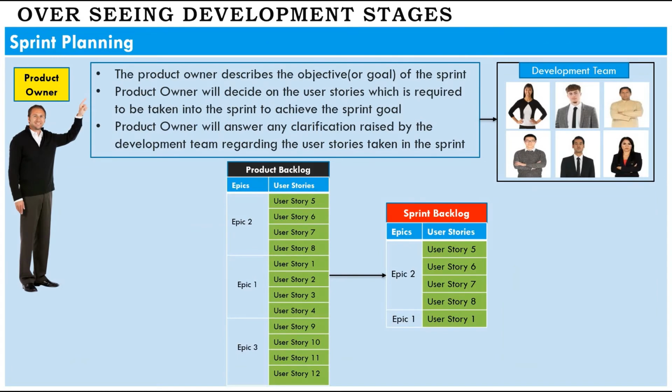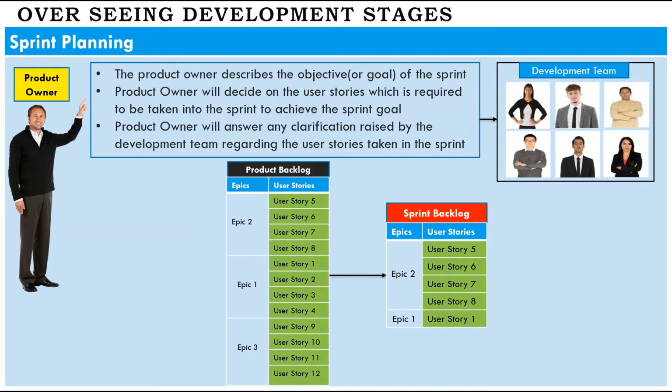Once the refinement is done, the next responsibility of the product owner is to help the development team to start the work through the sprint planning ceremony. Here, the product owner describes the objective or goal of the sprint. He will decide on the user stories which are required to be taken into the sprint to achieve the sprint goal.